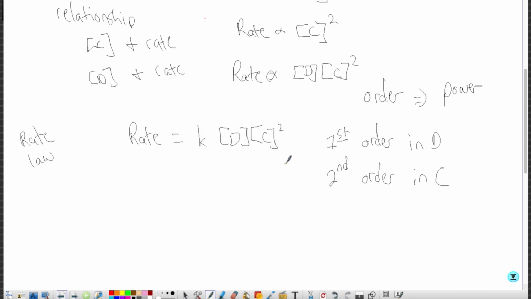And then to find the overall order, all you do is add the powers together, just like you were multiplying them. If you were to multiply powers, you just add them together. So it's first order in D, second order in C, so it must be third order overall. You'll see this term order rather a lot.